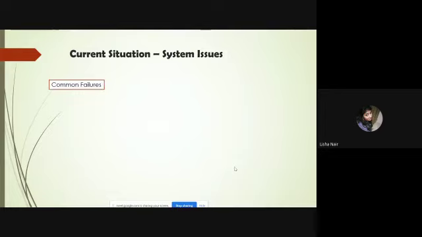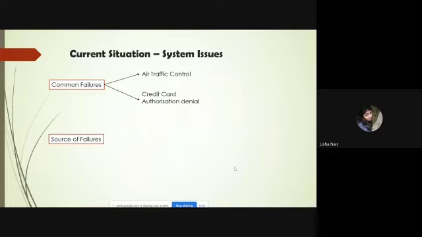Okay. Right now, in the current situation, what are the certain issues that we see in the industries? In the aerospace industry, what we see is with air traffic control. You would have seen a recent crash. I'm not sure about that. It's not recent, it's a couple of years ago, that there was a failure on the air traffic display.